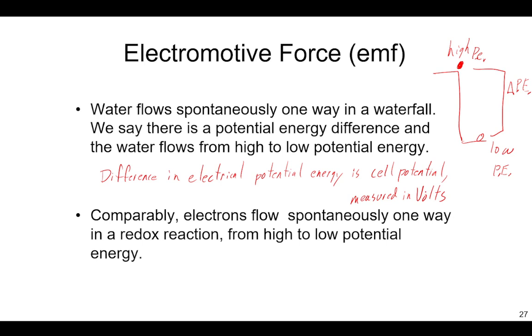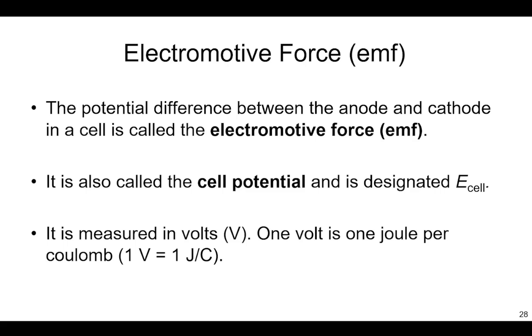And electrons are only going to flow one way, from high potential energy to low potential energy. And that difference in the two half cells is going to be our total potential difference, known as the cell potential, measured in volts. Okay? That difference between the anode and cathode is called the electromotive force, also called the cell potential, and we're usually just going to talk about it like the cell potential and designate it as E cell, measured in volts.